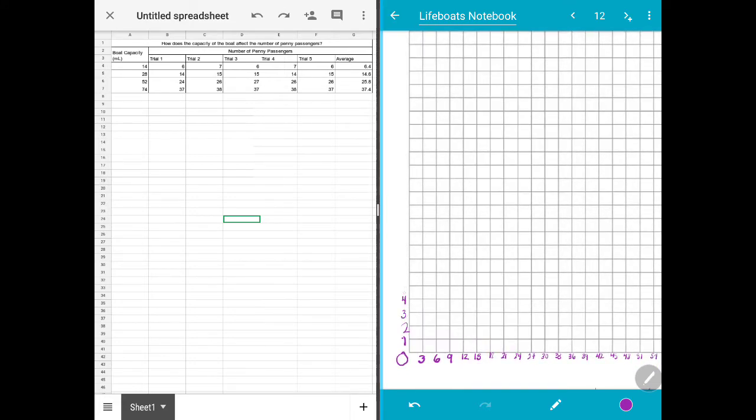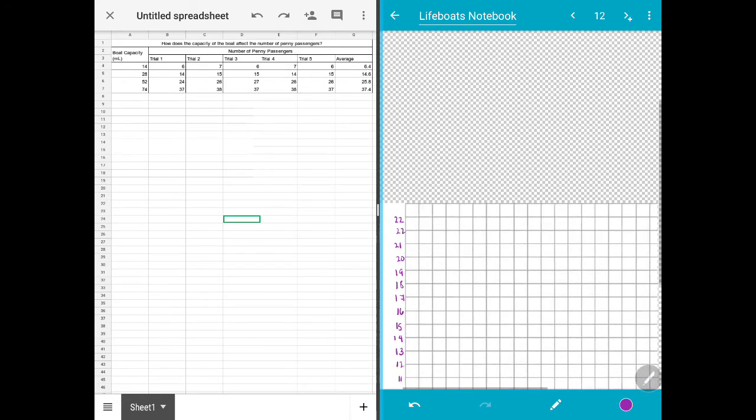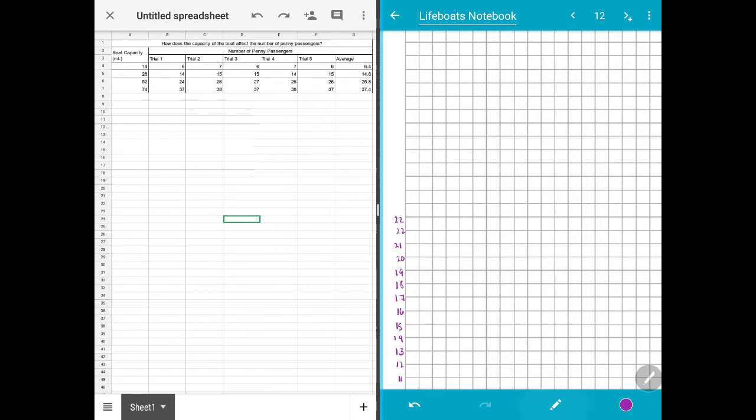Again, you want to write the numbers right next to the lines. Whoops. Let's make that a 3.